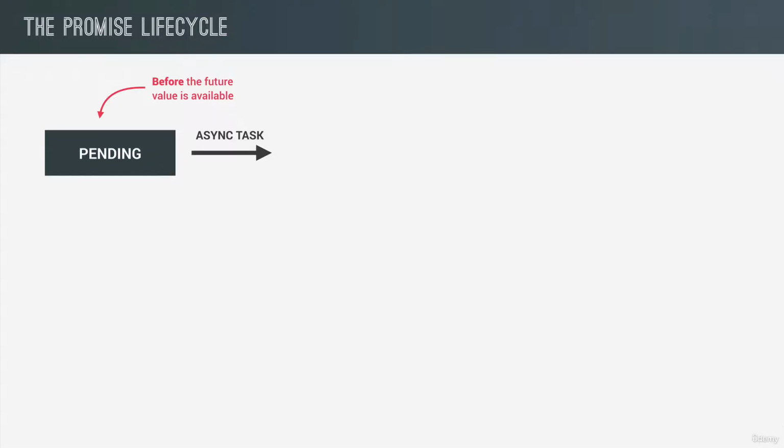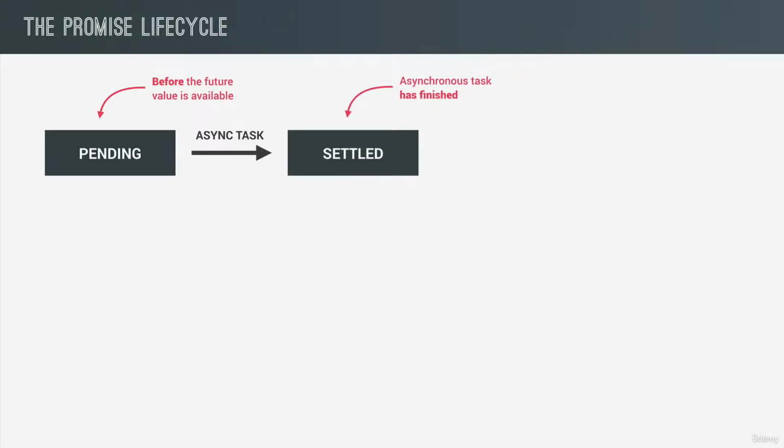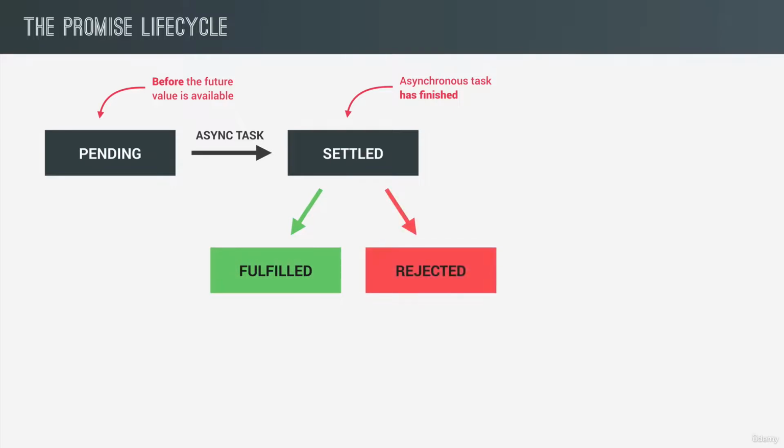Then, when the task finally finishes, we say that the promise is settled. And there are two different types of settled promises, and that's fulfilled promises and rejected promises. So a fulfilled promise is a promise that has successfully resulted in a value just as we expected.